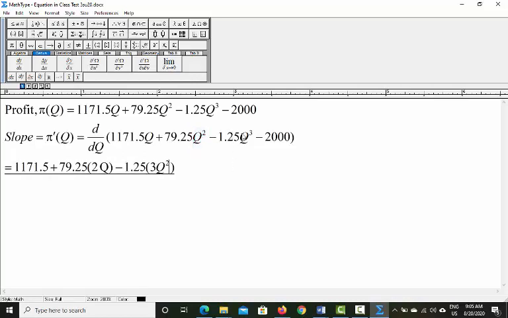Now if you do differentiation of this last term, you will get 0, minus 0, so you don't have to really write it anyway.